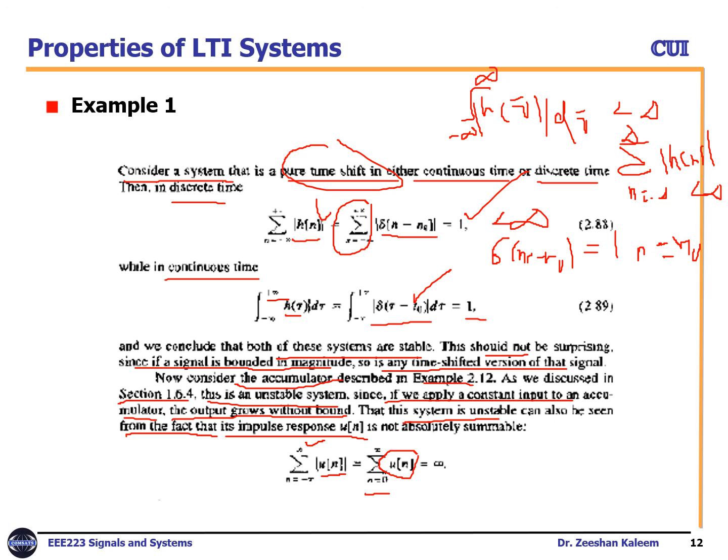For example, u of 0 is 1, u of 1 is 1, and so on up to u of infinity, which is also 1. So it means that it will grow till infinity, because if you add an infinite number of ones, the result will be infinity. So this is not a stable system.